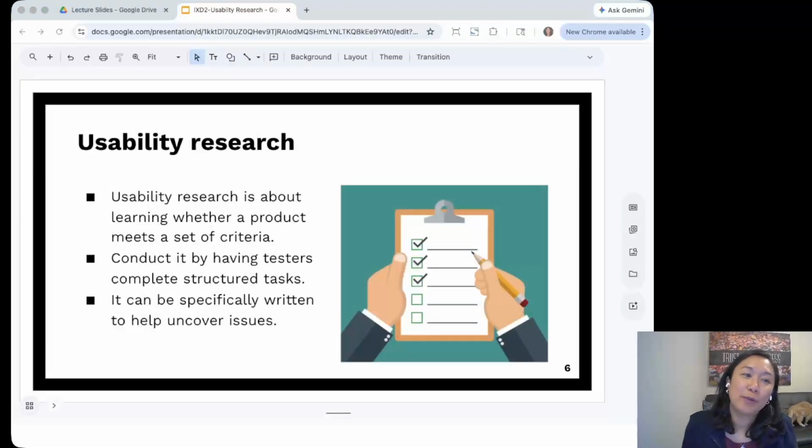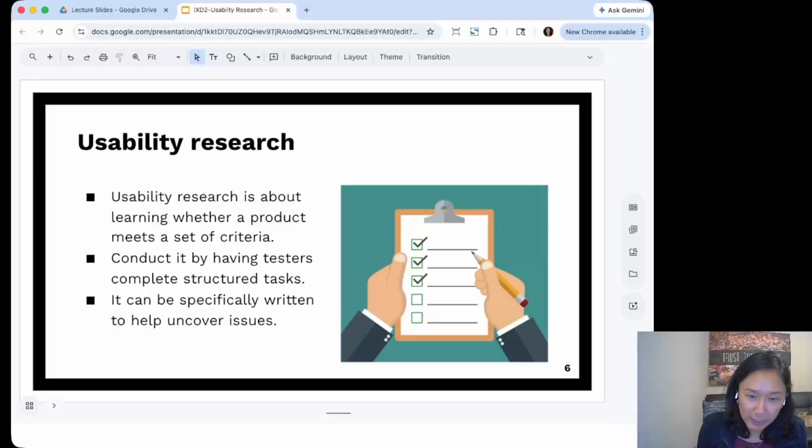Okay, so when running usability research, again, you're looking to learn about whether the app or the website that you design meets a set of success criteria. And the way that you do that is by sourcing participants that meet your target demographic, and you have them complete a set of structured tasks.